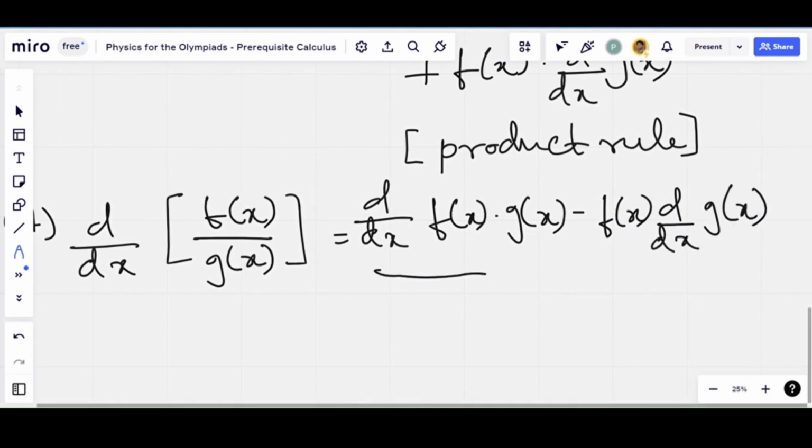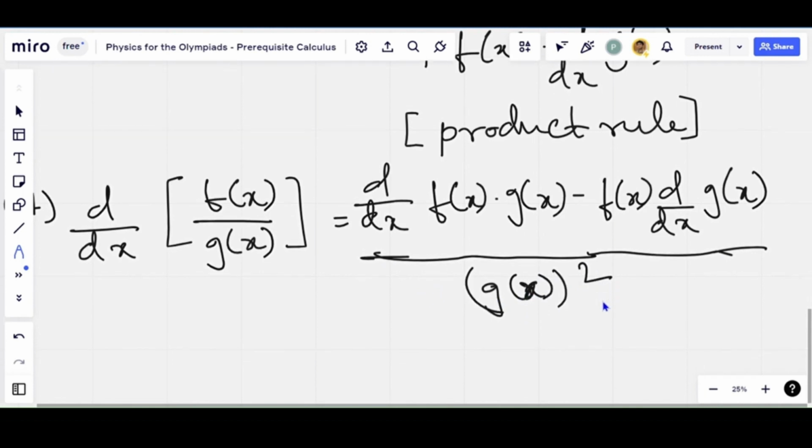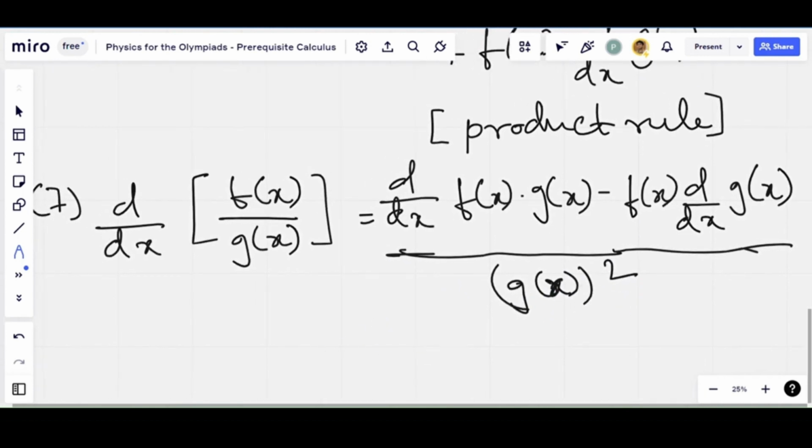The whole is divided by g of x, this function's whole square. So this is the quotient rule.